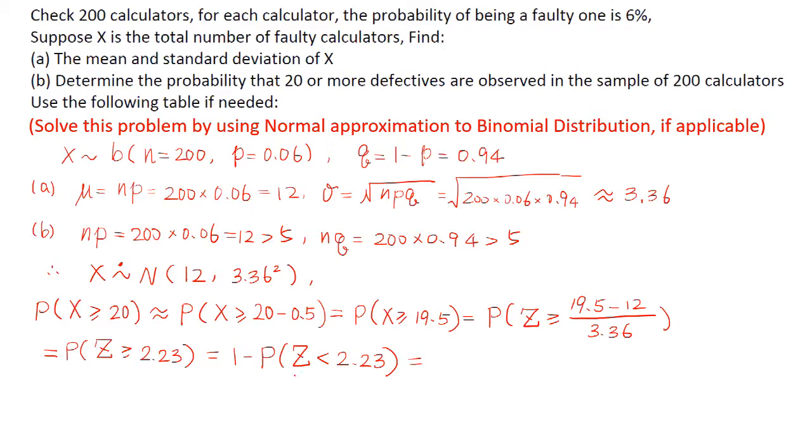Then we can look up the table to find the probability that Z is less than 2.23, and the final result we're looking for is 0.0129. Okay, any questions?